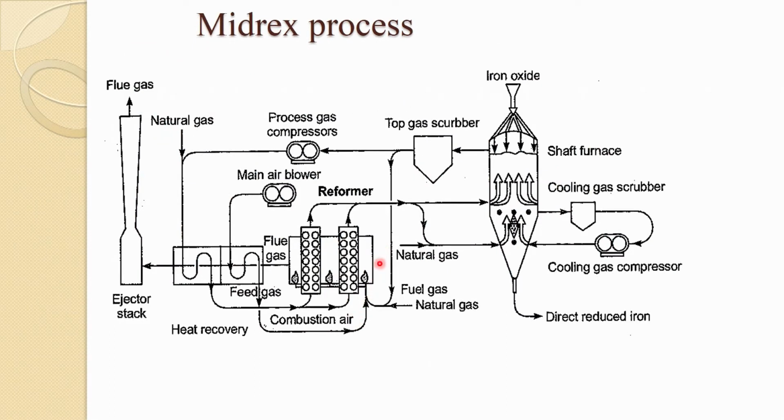So, essentially in this one, the natural gas is sent and gets a little bit heated up and goes to the reformer, where, as we said, it reforms the gas and gives more CO and hydrogen.